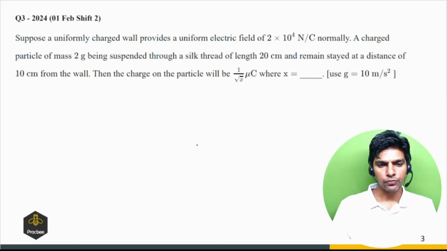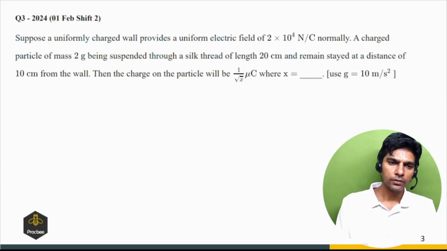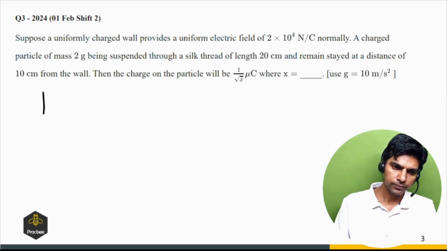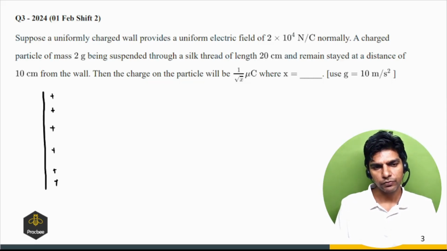Suppose a uniformly charged wall provides a uniform electric field of 2 into 10 raised to power 4 newton per coulomb normally. So we have a wall, it is uniformly charged, and due to this there will be a field in the right direction, right?